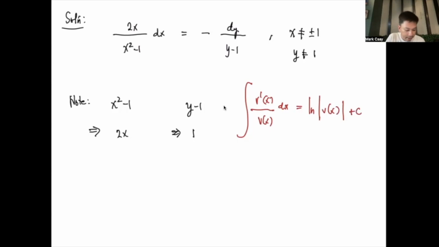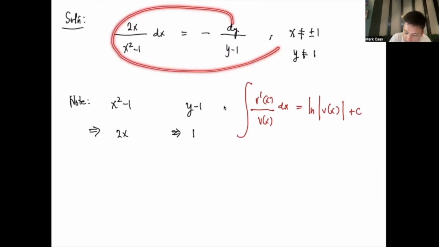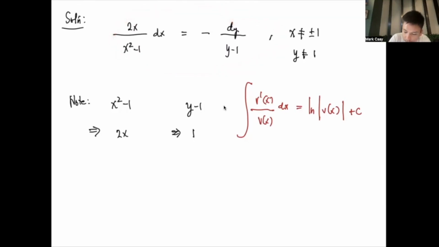So in this case, we will do that. Again, this is informal, I did not formalize the solution. So this becomes ln of x squared minus 1, which is equal to the negative ln of y minus 1 plus c.